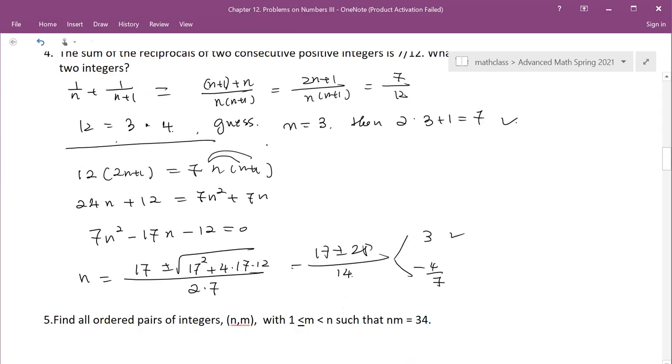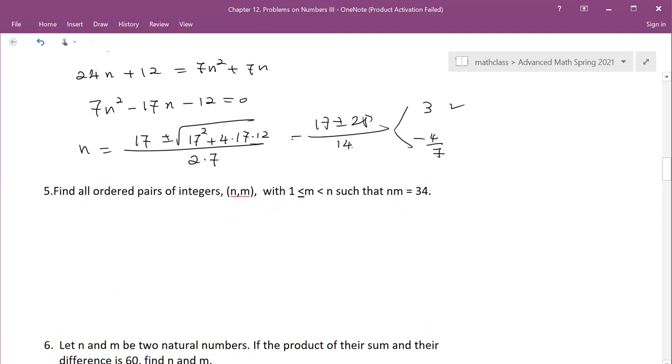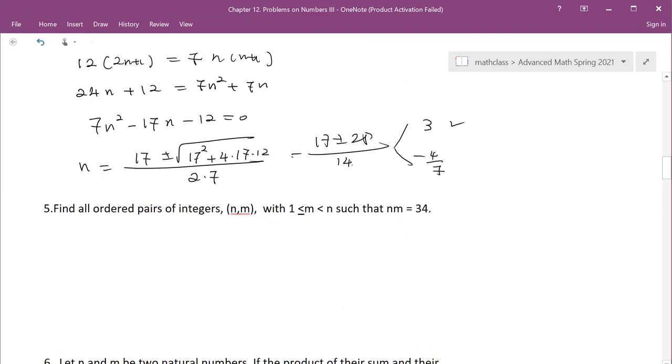All right, so take a look at the next problem. This is a trick. Find all the pairs of integers where the first one is larger than the second one, and the product is 34. Do you understand this problem? The first number should be larger than the second number, and the product is 34.